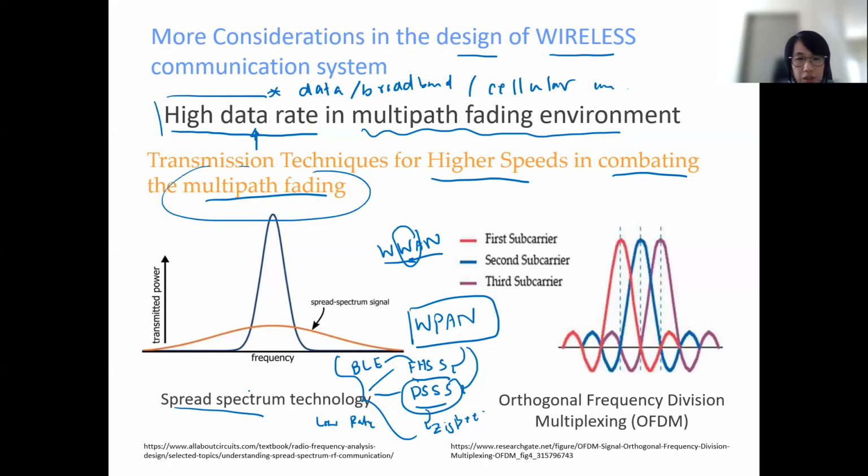Okay, so one is spread spectrum technology and another one is OFDM. Okay, OFDM, and the latest 5G standard uses OFDMA, actually used in 4G already. So these two standards try to help the quality of the signal improve.